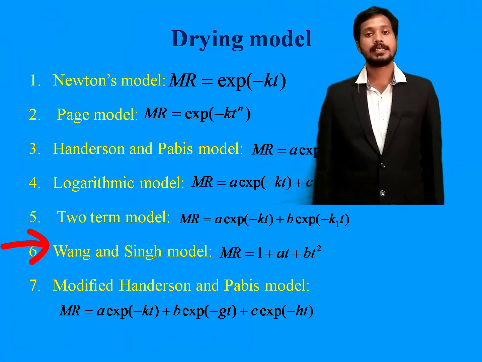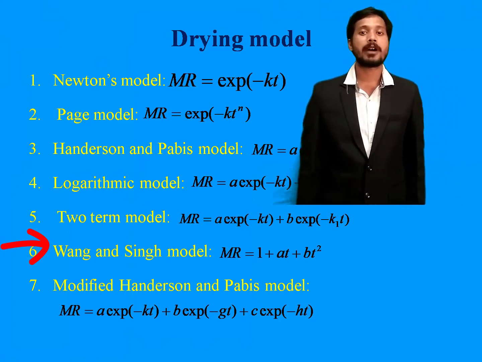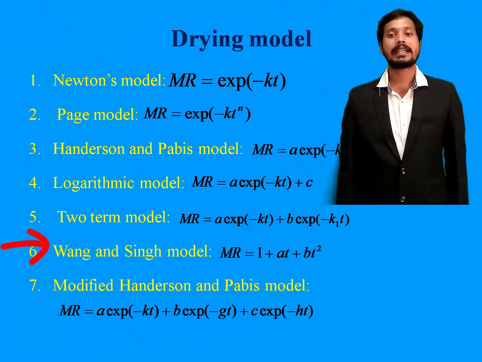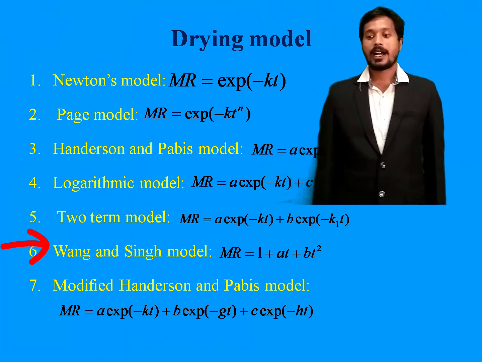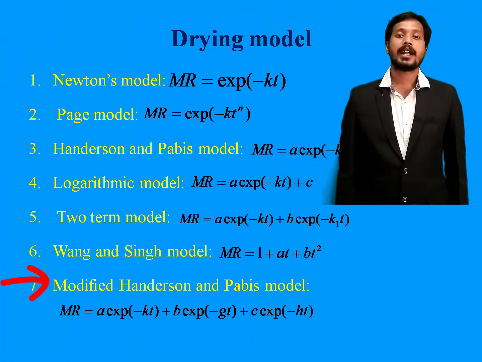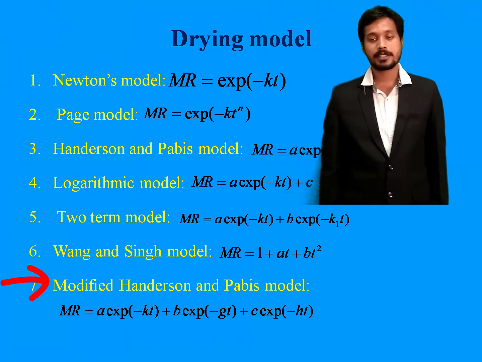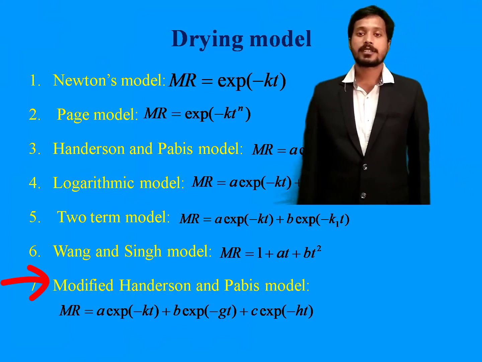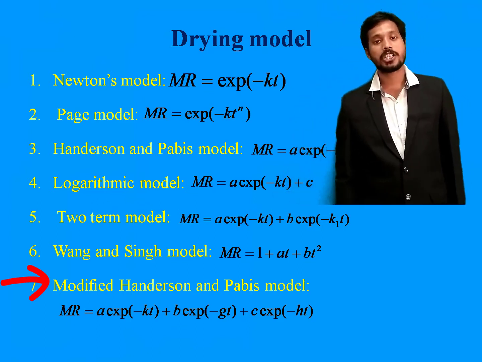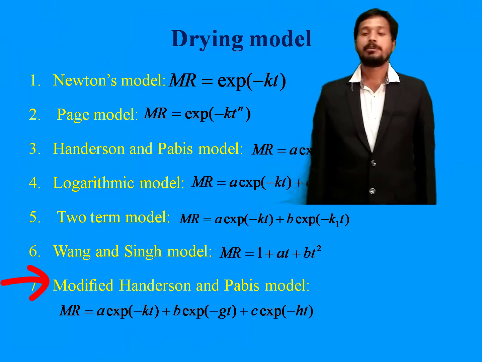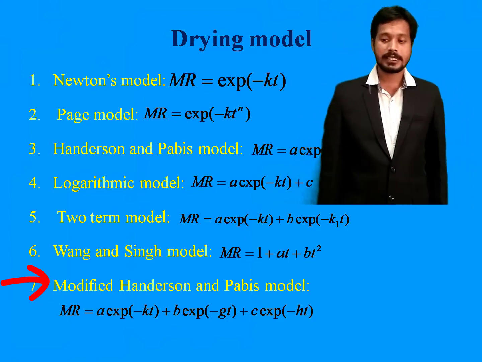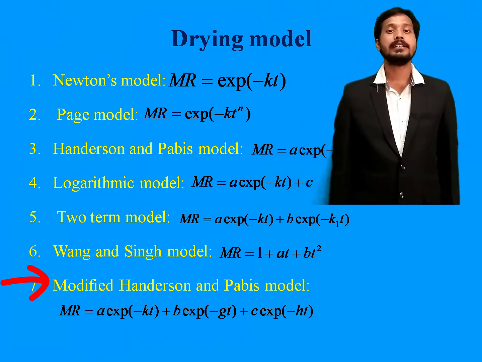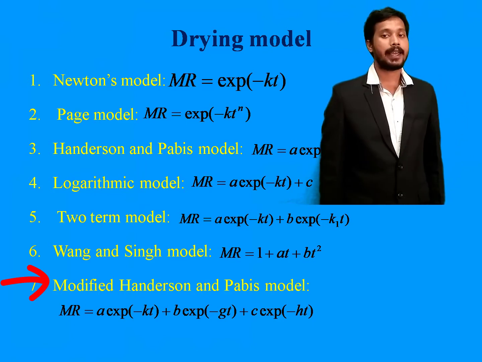Wang and Singh model, moisture ratio MR equals 1 plus at plus bt square. And the last one, modified Henderson and Pavey's model, moisture ratio MR equals a into exponential of minus kt plus b into exponential of minus gt plus c into exponential of minus ht.